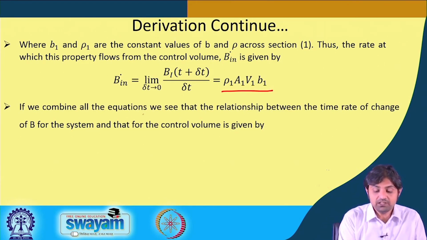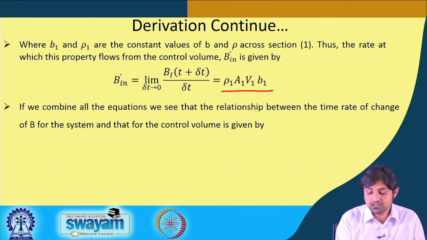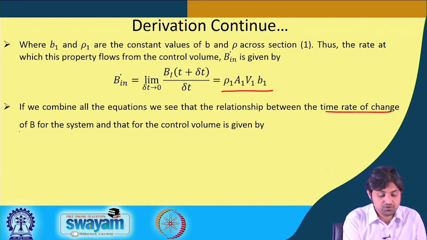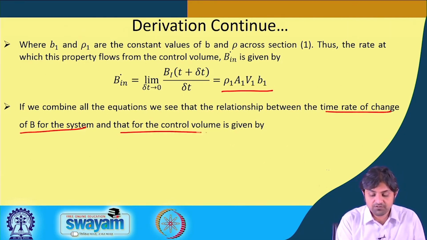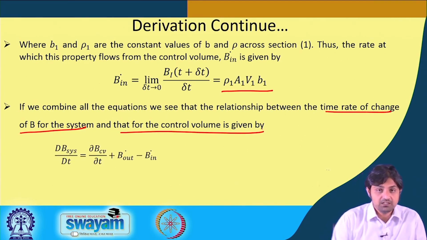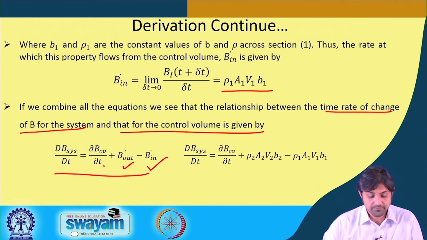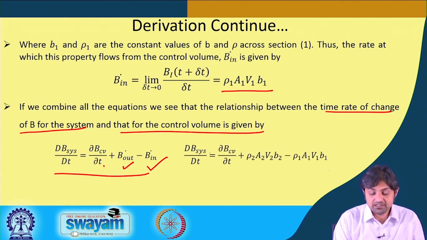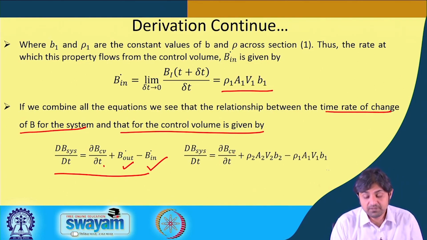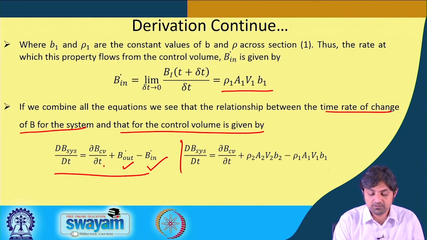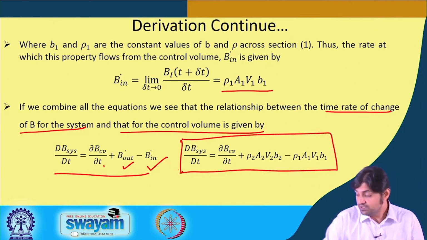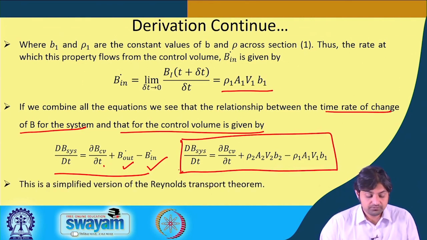If we combine all the equations, the relationship between the time rate of change of B for the system and that for the control volume is given by DB system by dt equals del B CV by del t plus B out minus B in, or DB system by dt is equal to del B CV by del t plus rho 2 A2 V2 B2 minus rho 1 A1 V1 B1. This is one equation that we obtain.